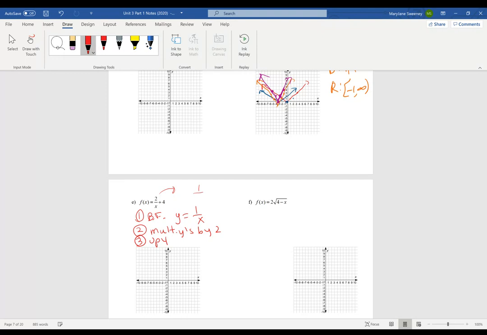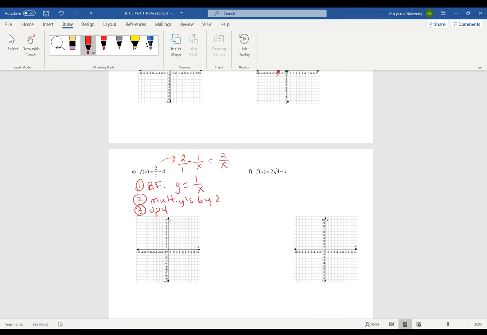If you think about it, the reciprocal function is 1 over x, right? Well, with fractions, the way you multiply something by 2 over 1 is that the 2 ends up in the numerator. So it's a 1 over x function, but it's been multiplied by 2. This one I'm not going to bother graphing because we do that more in a rational functions unit.